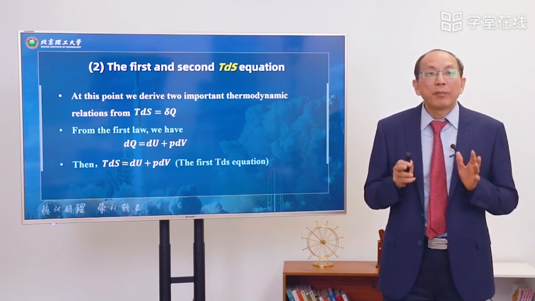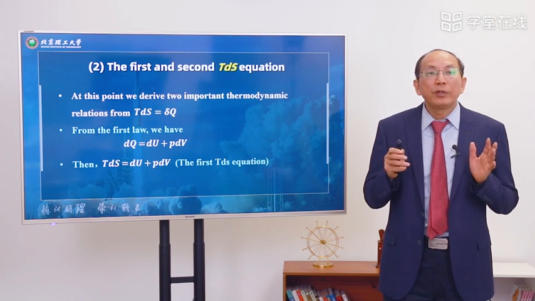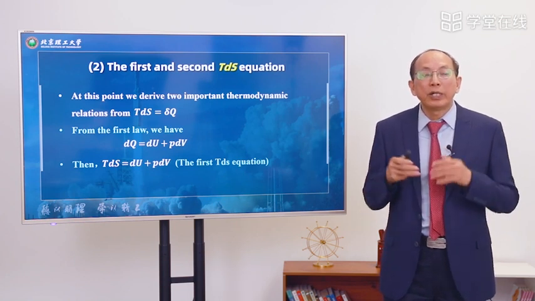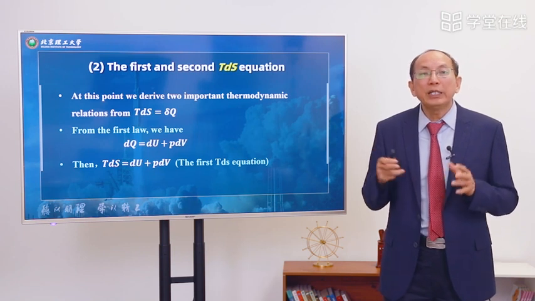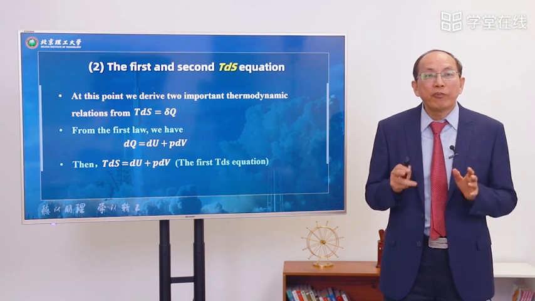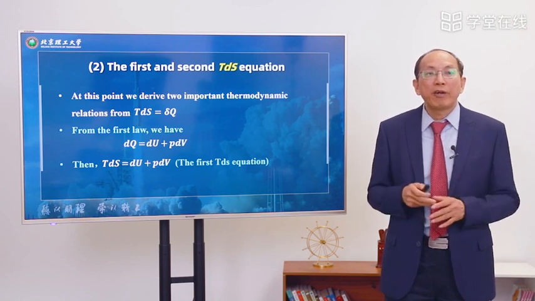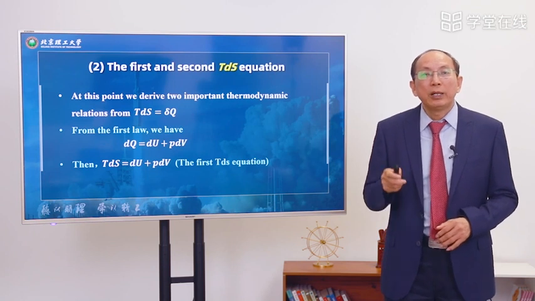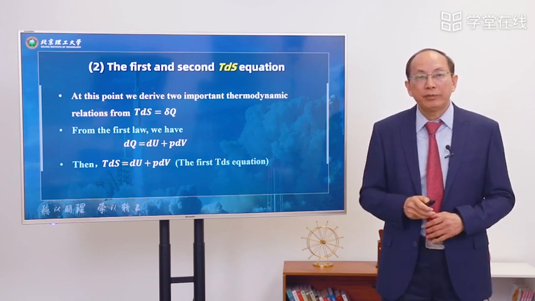At this point, we derive two important thermodynamic relations from TdS equals delta Q. From the first law, we have dQ equals dU plus PdV.